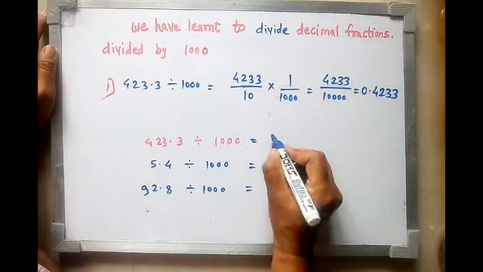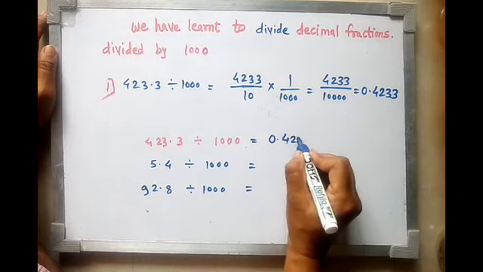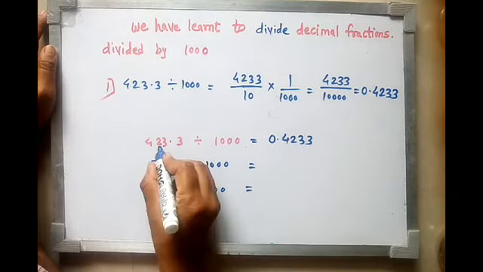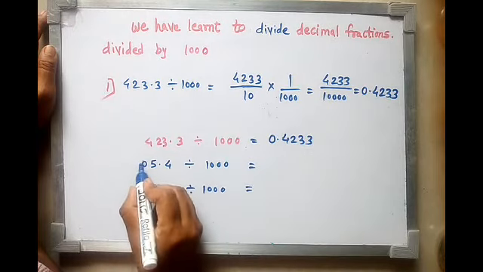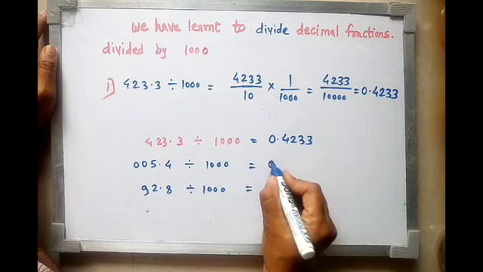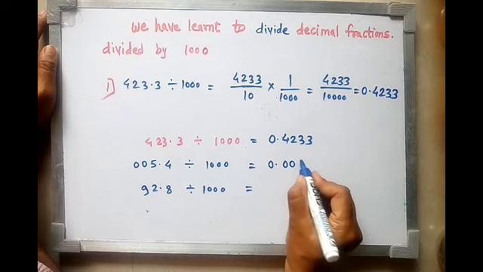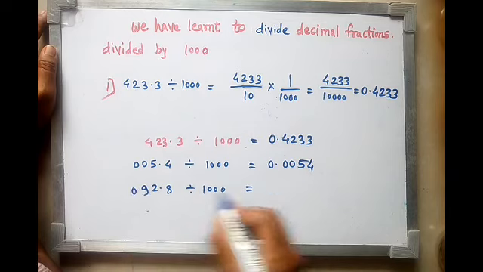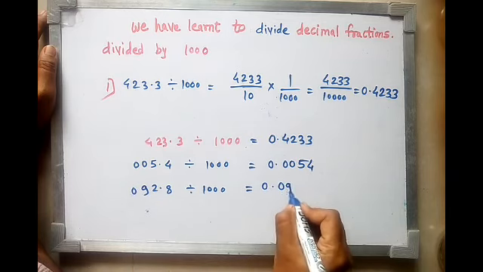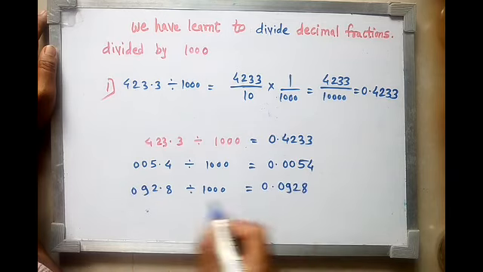The decimal point moves 3 places to the left side. I write down 0 on the left side. 0.0054. 0.0928.